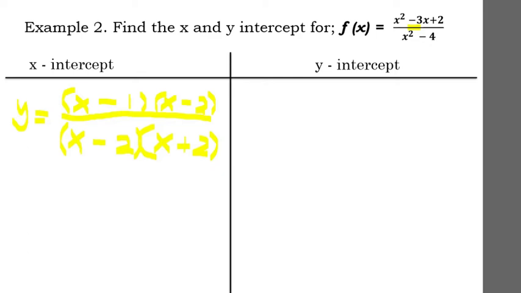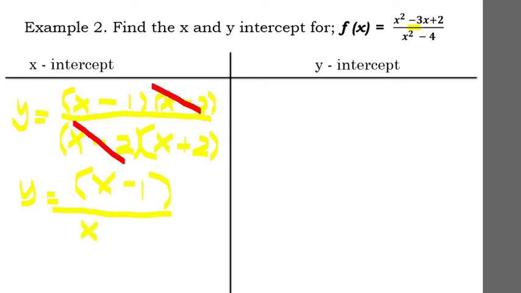We have x minus 2 on the numerator to be cancelled out with the x minus 2 in the denominator. Therefore, the remaining factors are x minus 1 for the numerator and x plus 2 for the denominator.